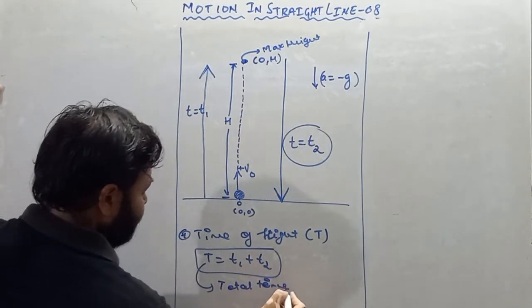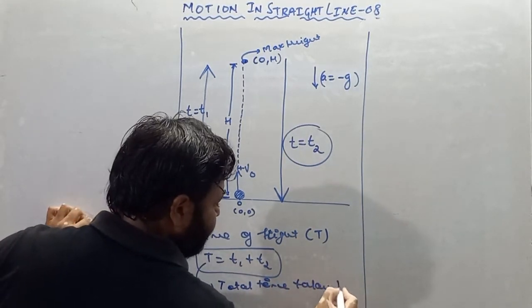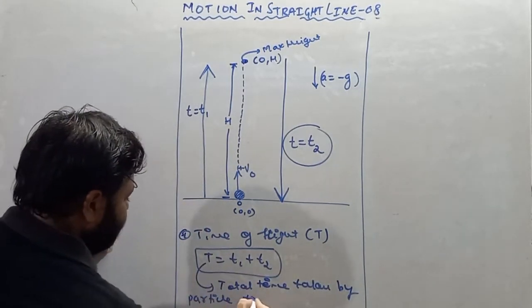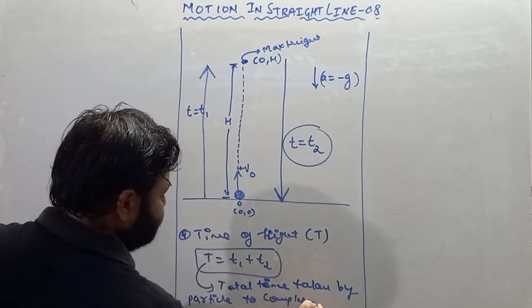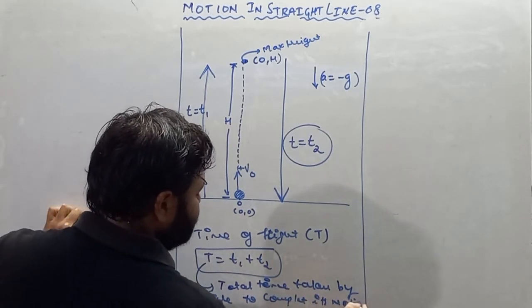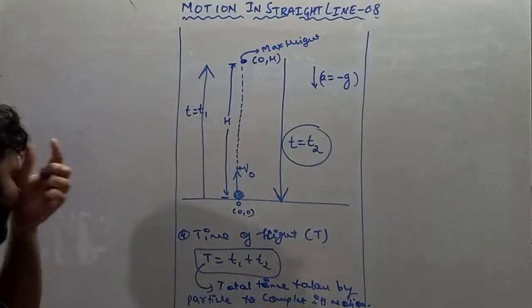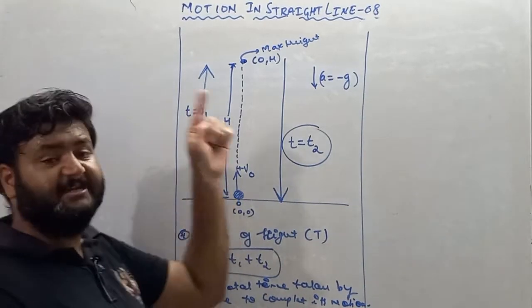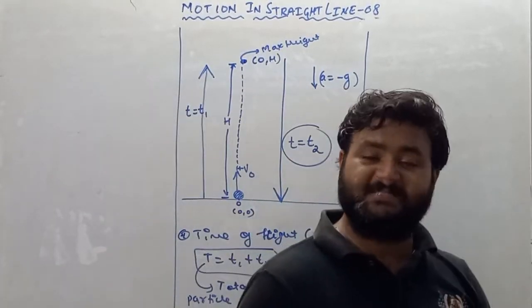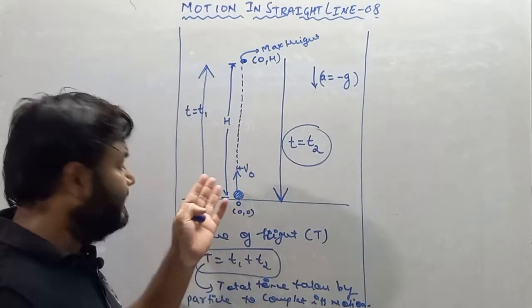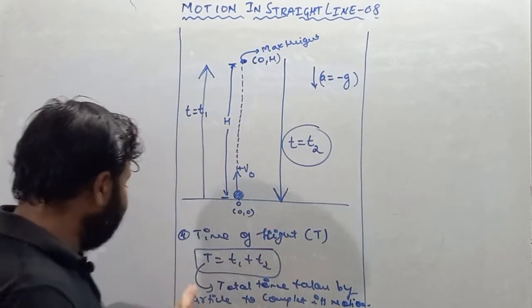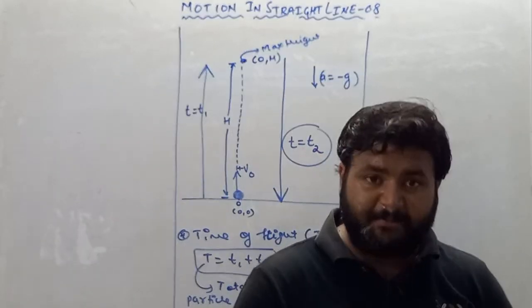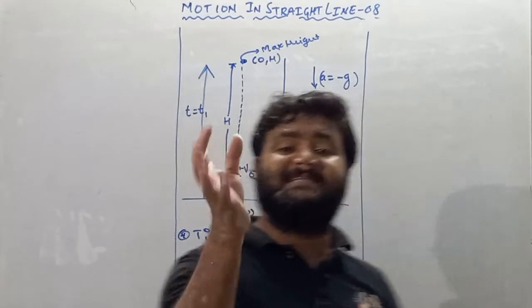So time of flight is nothing but total time taken by the particle to complete its motion. And completion of motion means the initial point and final point become the same. If we are talking about time of flight, it is nothing but total time taken by the particle to reach again its initial position.